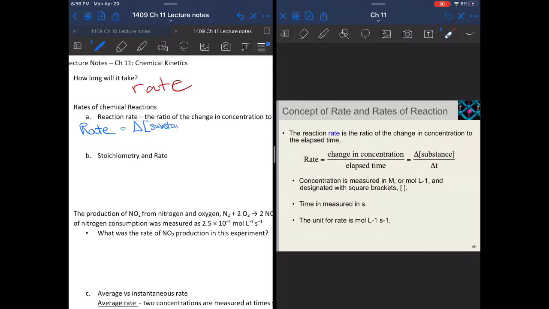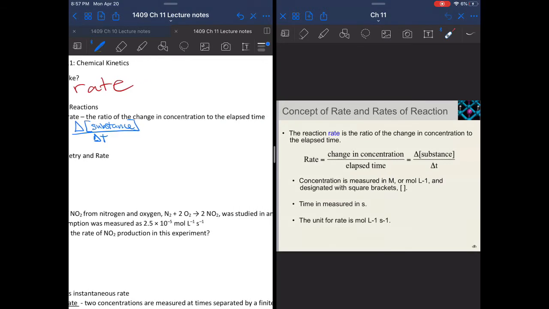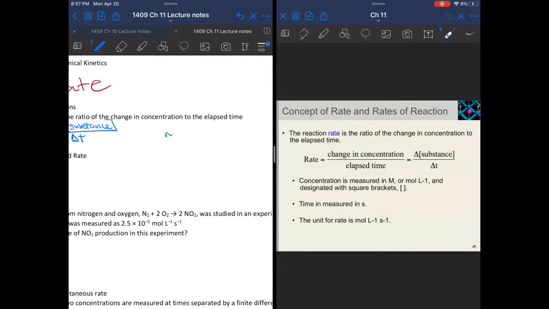When you see brackets, that indicates we are talking about concentration, most commonly molarity in chemistry, over a change in time. So how did the concentration of your starting material or your product change as time moves forward after the reaction started?